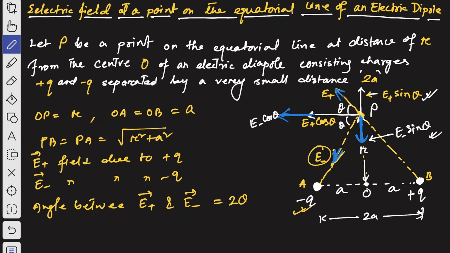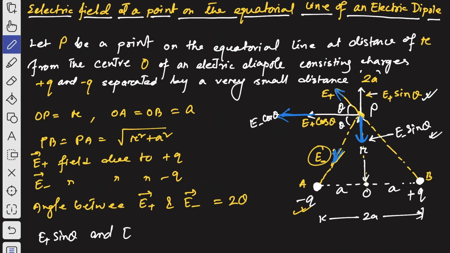Now these two components, E positive sine theta and E negative sine theta, will be oppositely directed because of opposite charge, and as the magnitude of charge is equal in both cases but opposite in nature, these two vectors are directed in opposite directions, so they will cancel out each other.